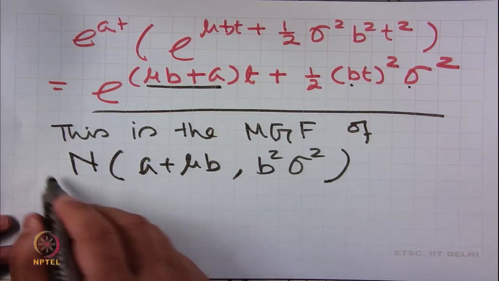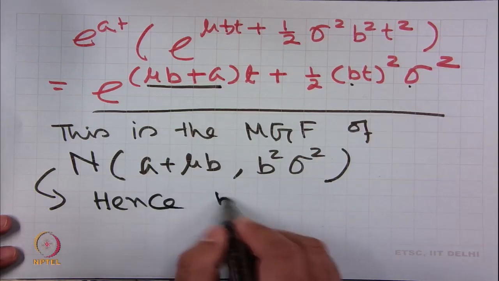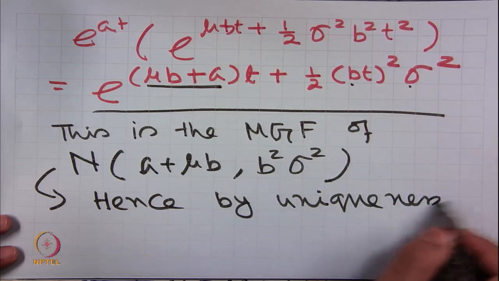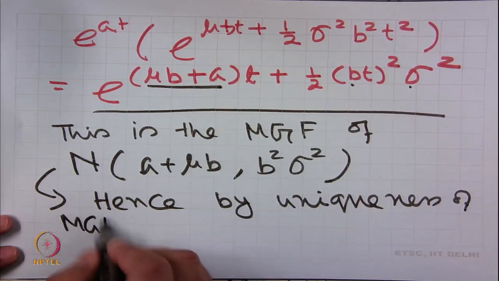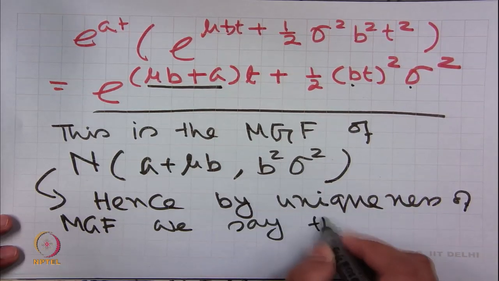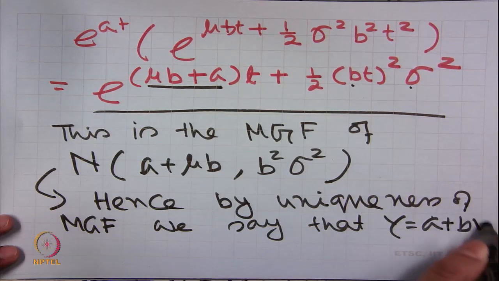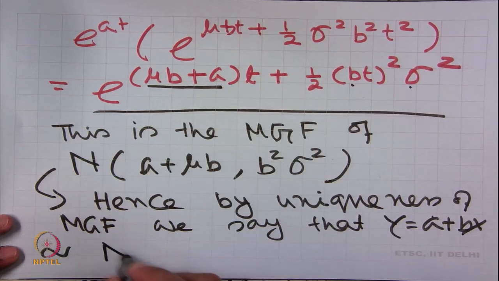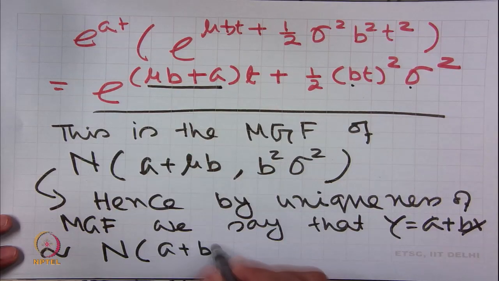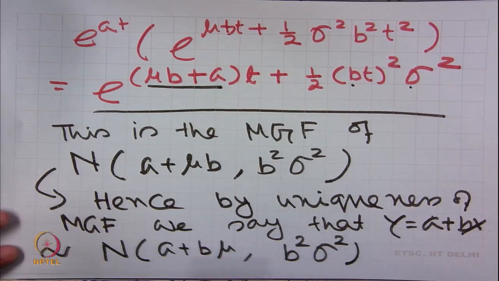Hence, by uniqueness of moment generating function, we can say that y equal to a plus b x is distributed as normal with mean a plus b mu and variance b square sigma square.